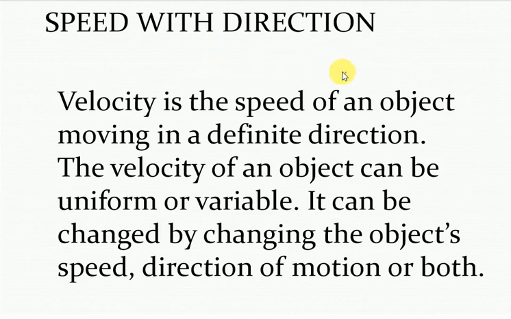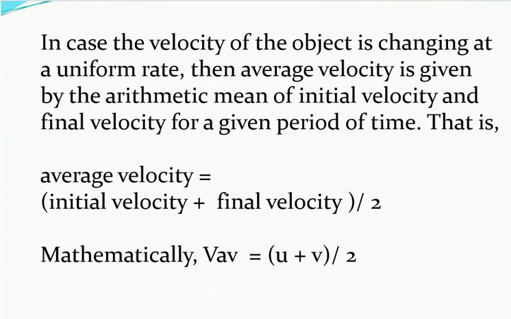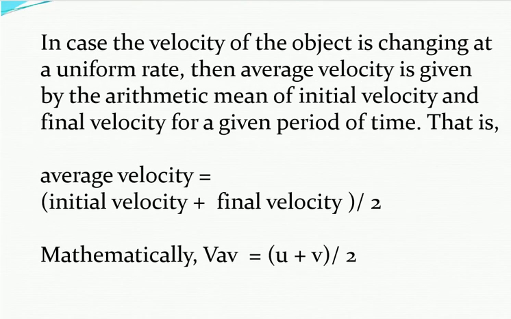Initial velocity plus final velocity, whole divided by 2. Mathematically it can be written as V_av, where av stands for average and capital V stands for velocity. Average velocity equals (u + v) divided by 2, where u is the initial velocity and v is the final velocity.